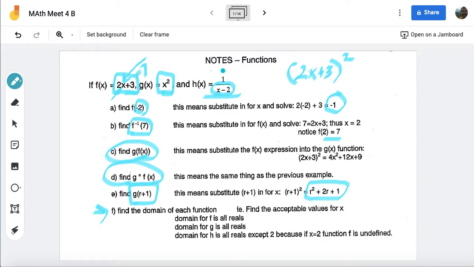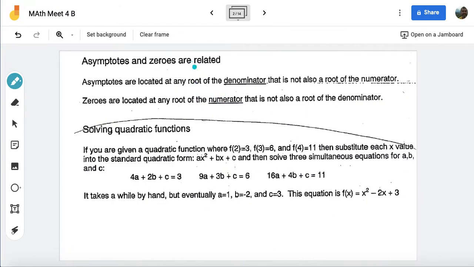But if somehow you had something in the numerator that also made 2 come out to 0, then that would be a hole. It's a different term, which I don't see on this section. Zeros are located at any root of the numerator that's also not in the denominator.